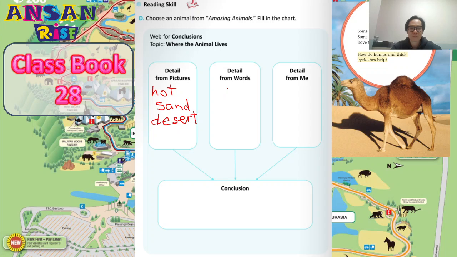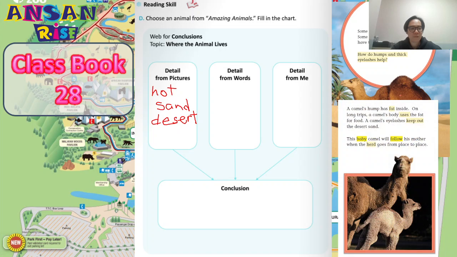Now, what can we find from the words? Well, we have these words and we have these words. So what can I find? Well, let's read it together. Some camels have one hump. Some camels have two. All camels have 2 rows of eyelashes. How do humps and thick eyelashes help?